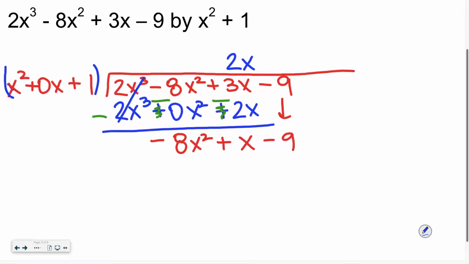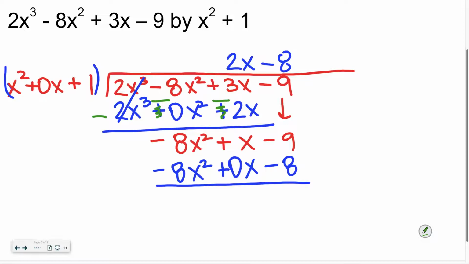Once you take down that last term, you know you're in your last division process. So this is the last time we're going to have to do it. All right, x squared times what is negative 8x squared? Negative 8, that was a nice one, right? So we'll put it in that constant column. Now we take our divisor and multiply it by that one term that we wrote. So we have x squared times negative 8, 0 times it doesn't matter, and 1 times negative 8.